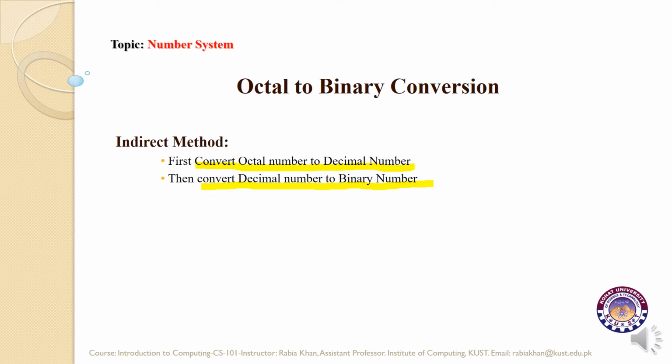Both the steps have already been discussed in detail in previous lectures, but I will apply both these steps in this lecture also on few examples. So let's see how we can apply this indirect method on an example.